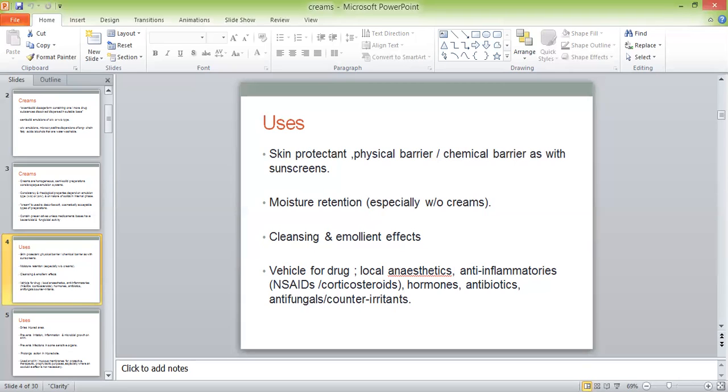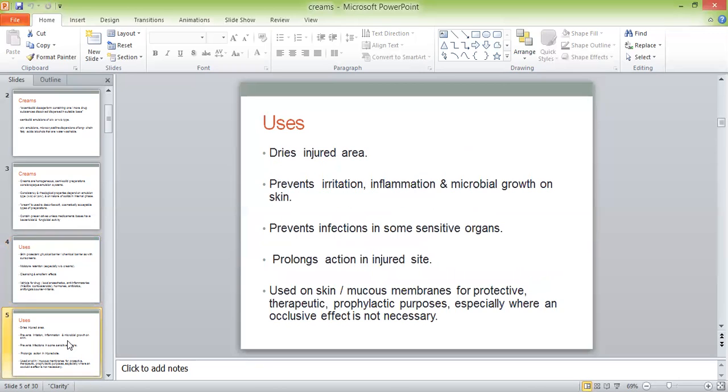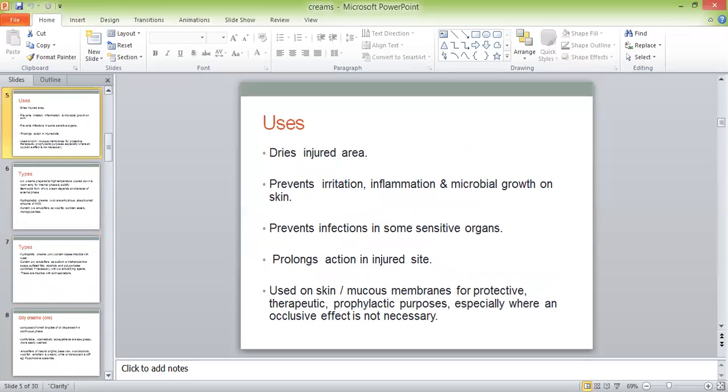Similarly, clotrimazole cream is also used for athlete's foot, ringworm, and candidiasis. And terbinafine cream is also used for athlete's foot and ringworm infection. Now, the creams dry the injured area. For example, if it is oozing or secreting some type of secretion, it dries up that particular area.